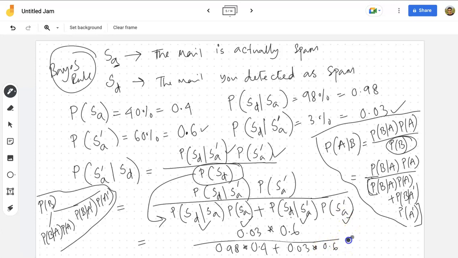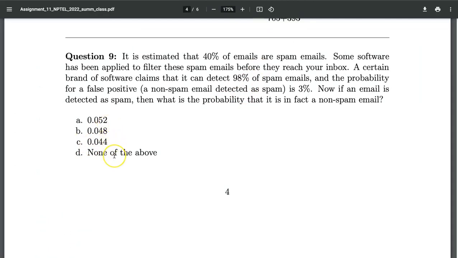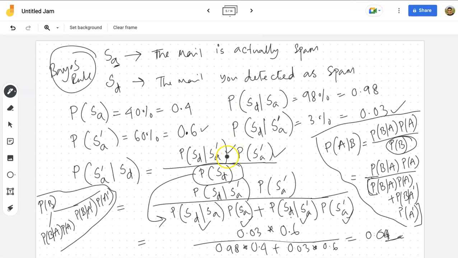If you do the calculation, I hope it is around 0.04 or something like that. Just check. Okay, I hope this part is clear, and this is more or less the probability.